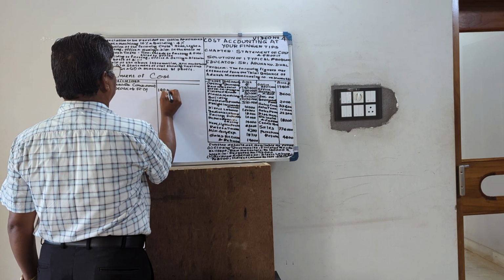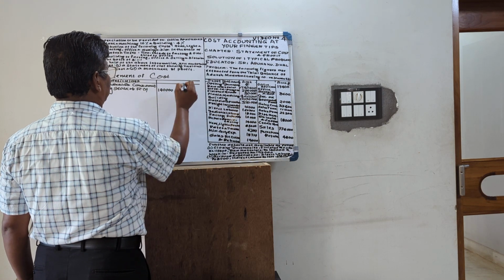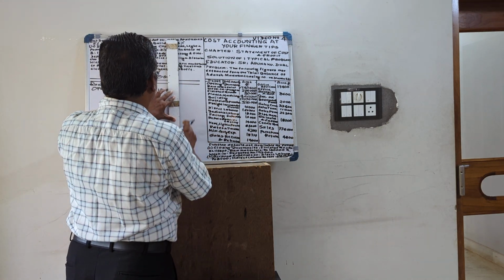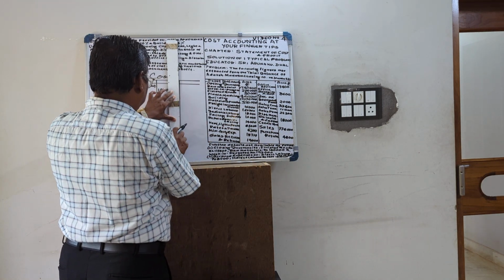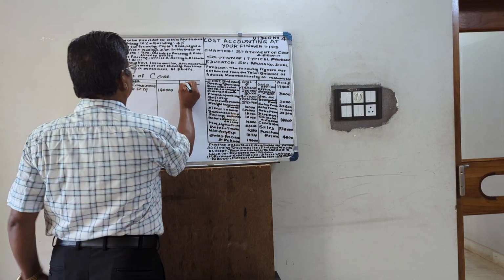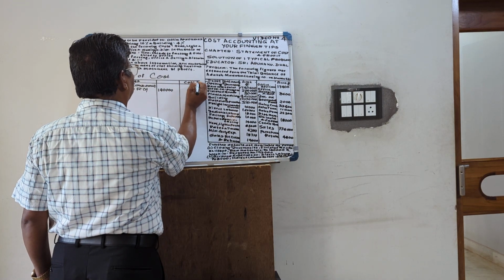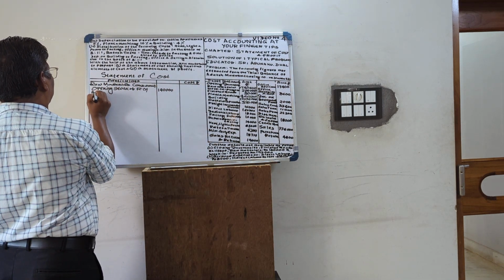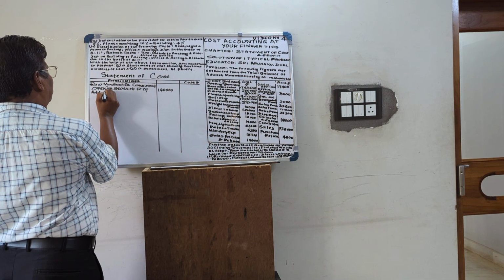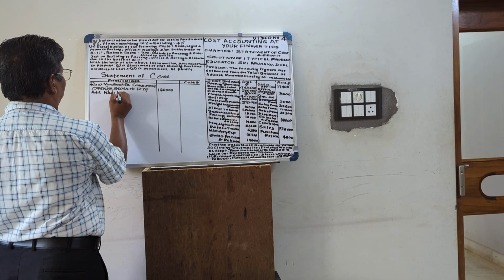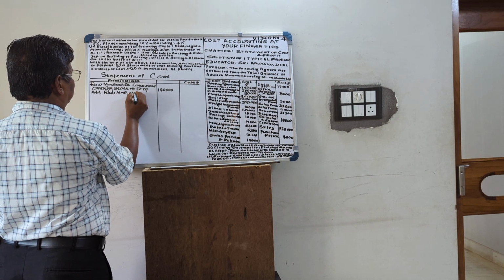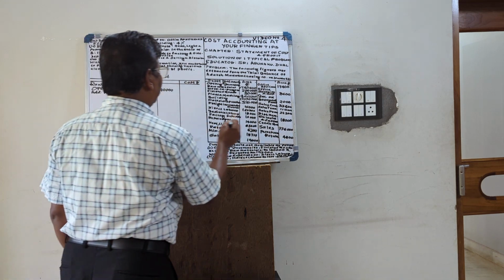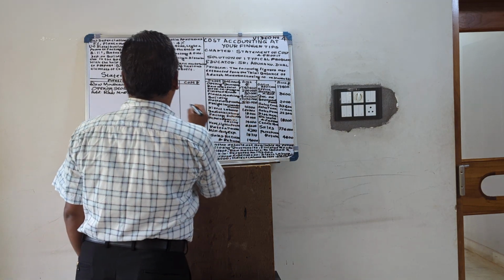This is enough. Then we will do another outer column, that is costs. Then add raw material consumed. The amount is given here, 3,20,000.